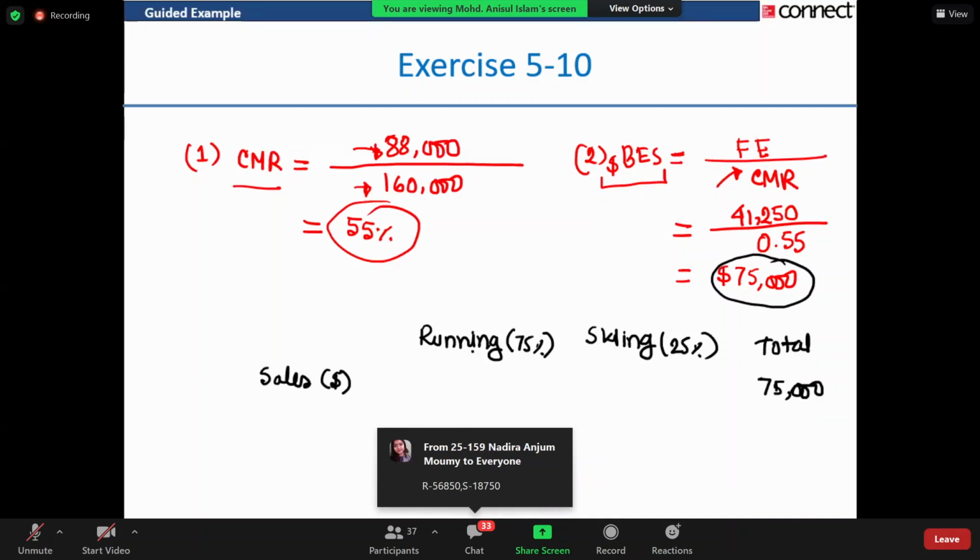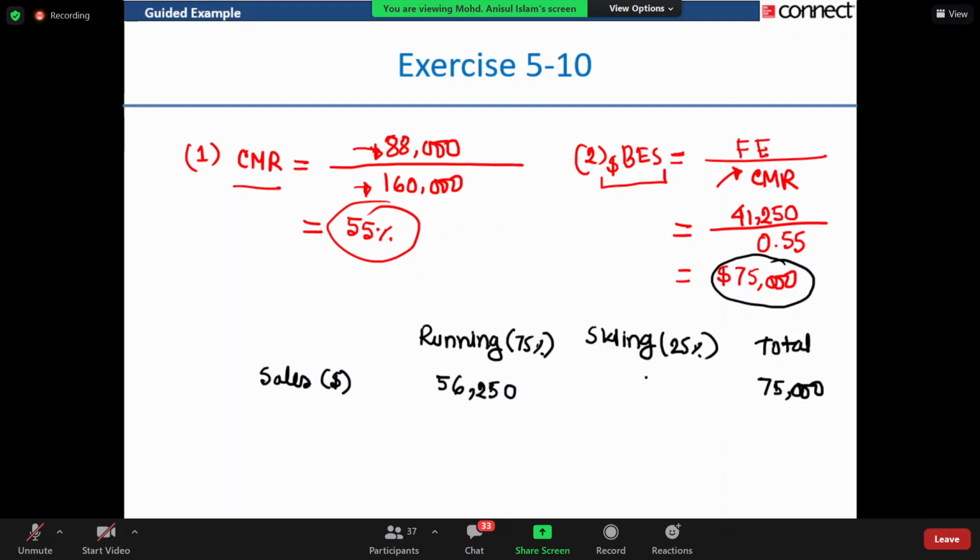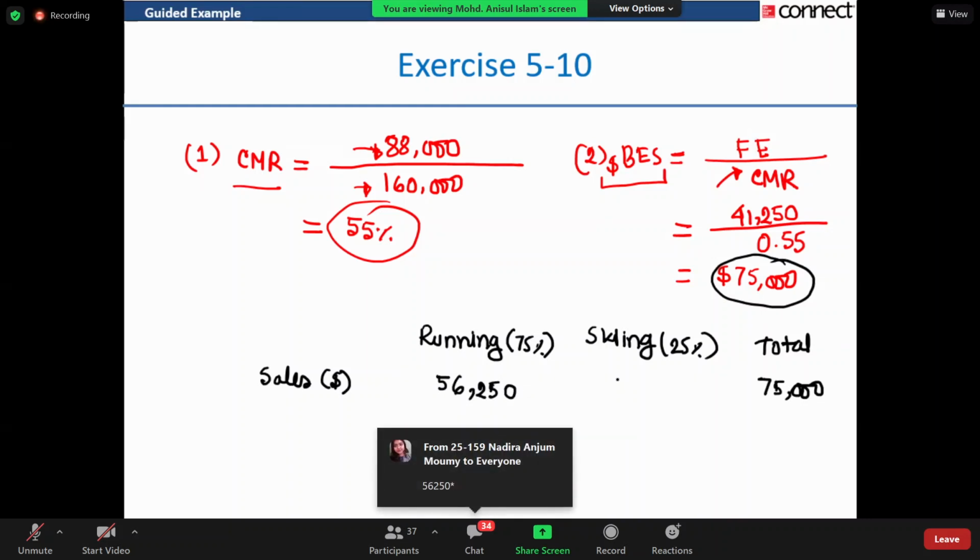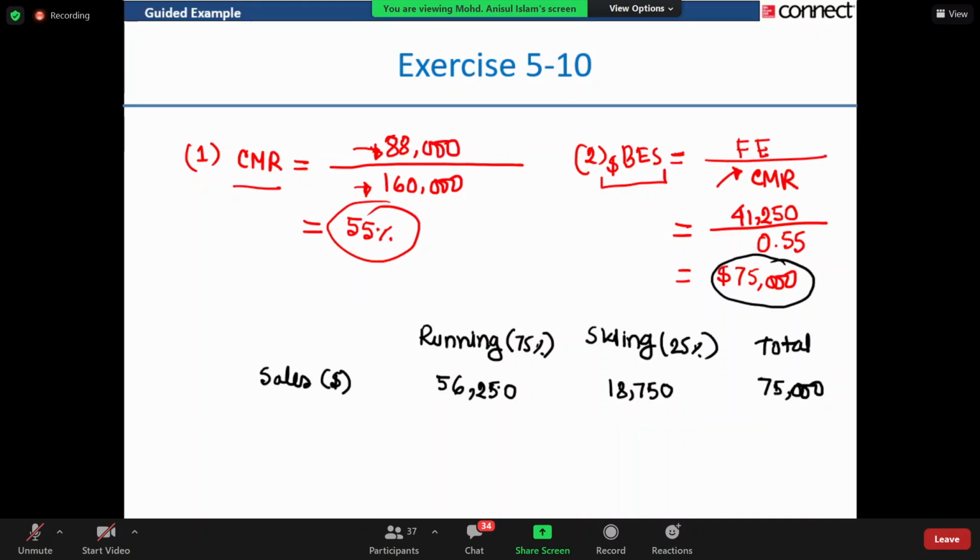You are saying that for running video games, the break-even sales should be 56,250, and for skiing video games, the break-even sales should be 18,750. Note that what we have done here is allocate the break-even sales dollar into running and skiing based on the existing sales contribution ratio.